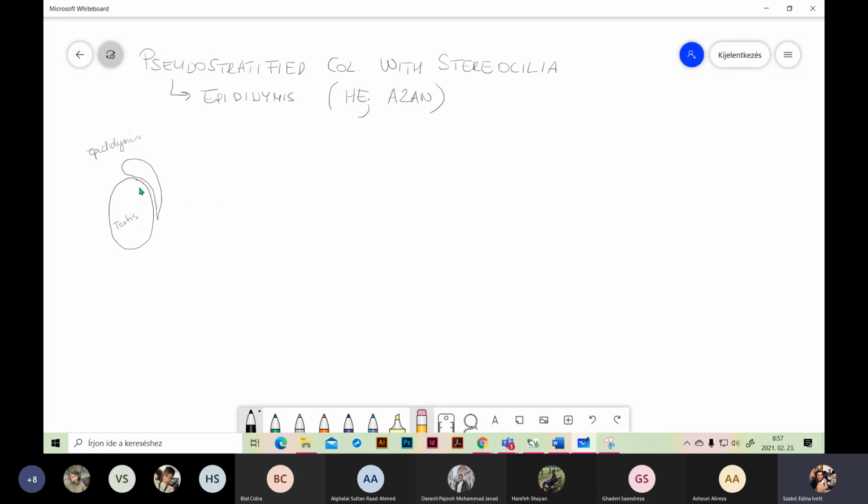Sperm cells are produced inside of the testes. There are small ducts which connect the testes with the epididymis and drain the fluid from the testes.